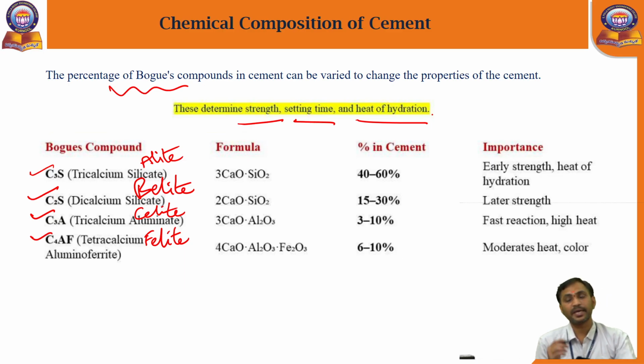Now the chemical composition of the Bogue compounds. C3S is tricalcium silicate; tri means 3.